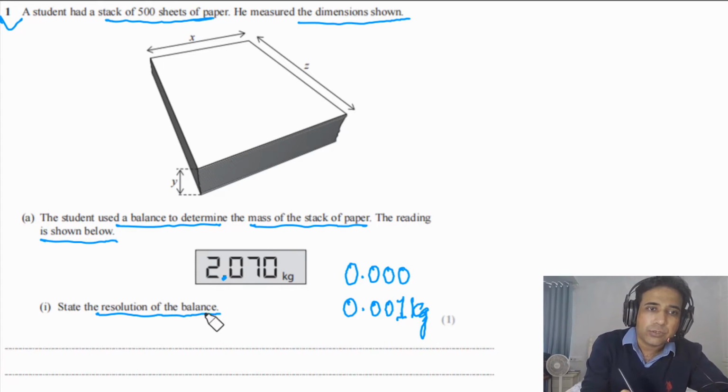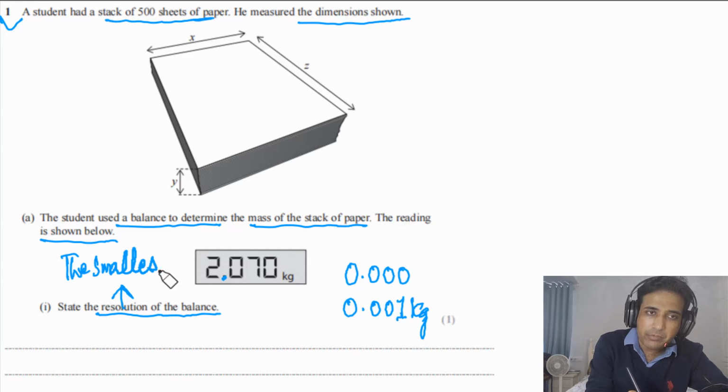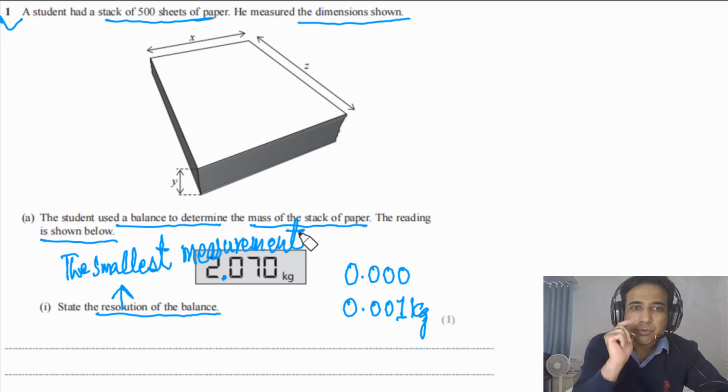Resolution simply is the smallest measurement you can take accurately with the instrument. Very important: accurately. In this case the smallest measurement we can take is 0.001.